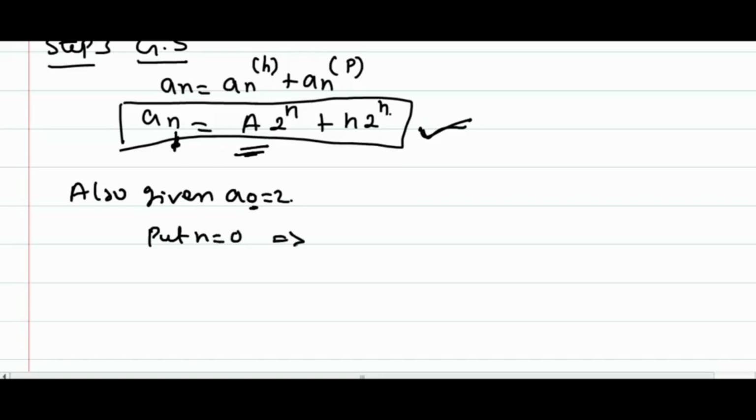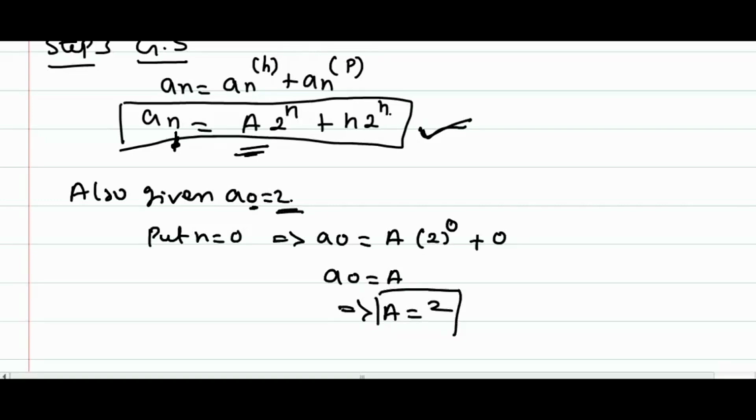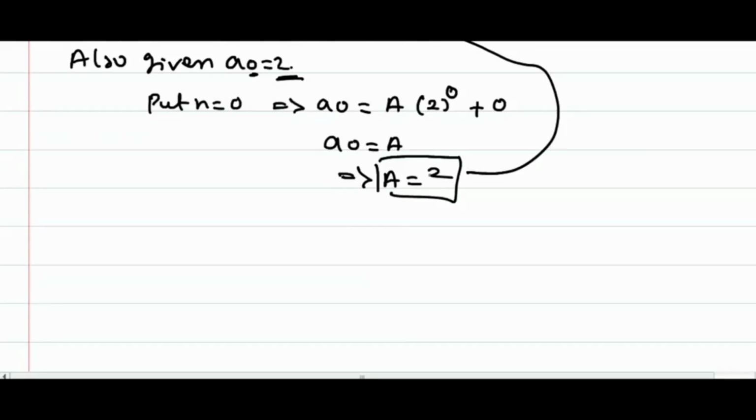We get a_0 equal to A into 2 power 0 plus 0 into anything, 0. Anything power 0 is 1. So we can write A equals a_0 value, which is 2. Substitute A equal to 2 in this equation, and we get the general solution of the given recurrence relation.